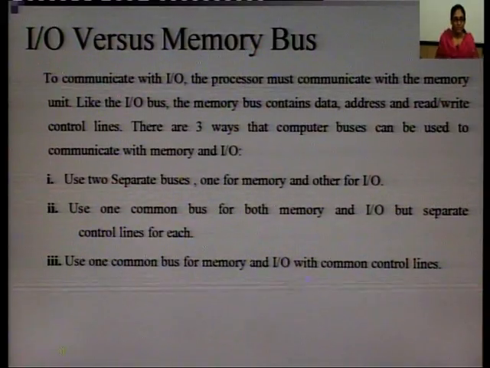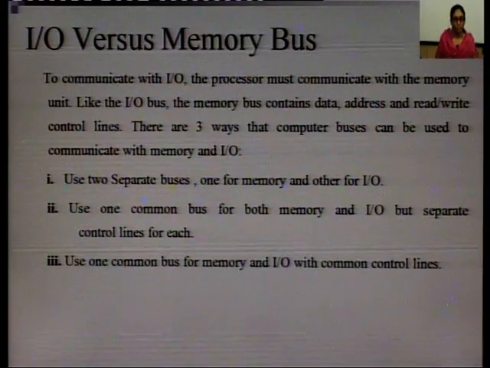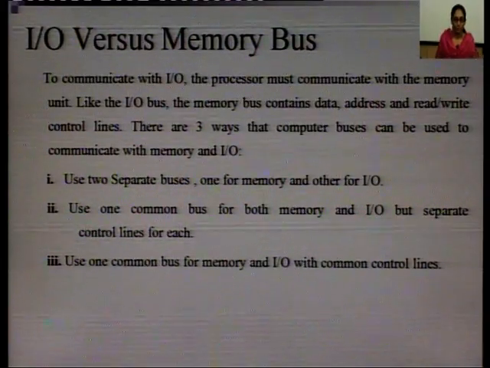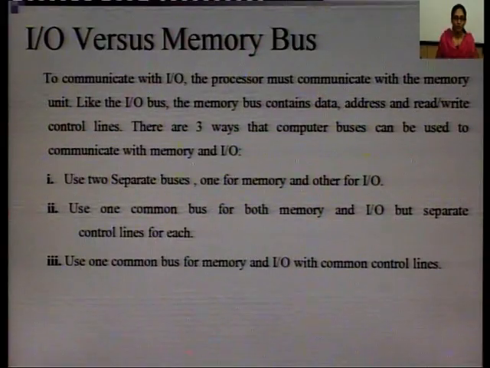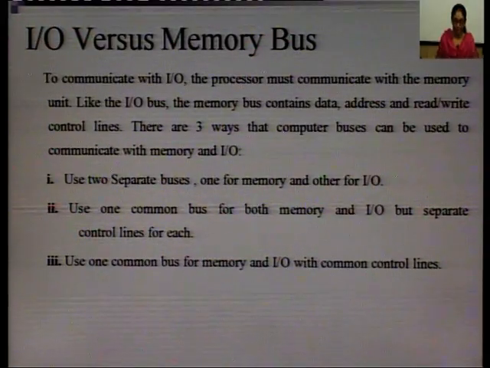The first is to use two separate buses, one for memory and another for input output. Second is to use one common bus for both memory and input output, but separate control lines for each. Third and last is to use one common bus for memory and input output with common control lines.